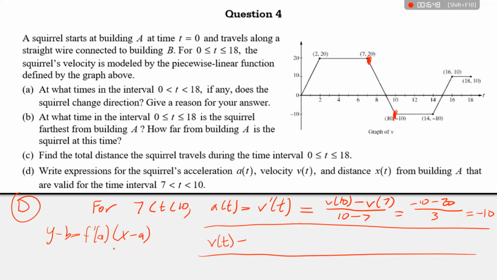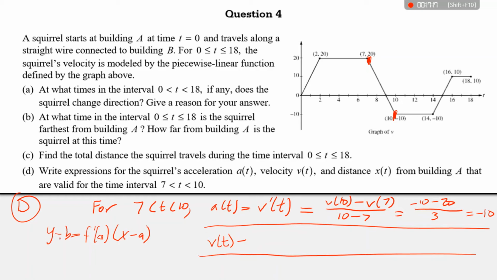In order to do that, you need a general form y and x. So for us, that's v(t) and t, and a point a, b, and then we'll plug in to write an equation. So you picked the point 7, 20. So this is v(t) minus what?